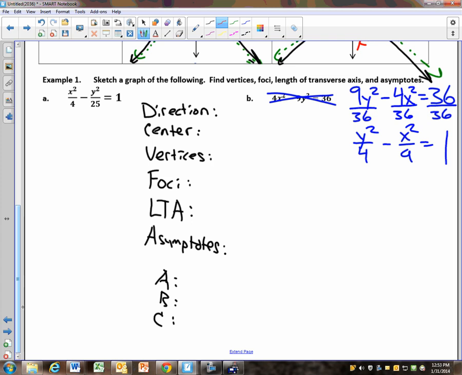Direction, you already said up and down. Center, 0, 0. The only reason we're doing that is so that you know that the center could be different if we have a shifted hyperbola.